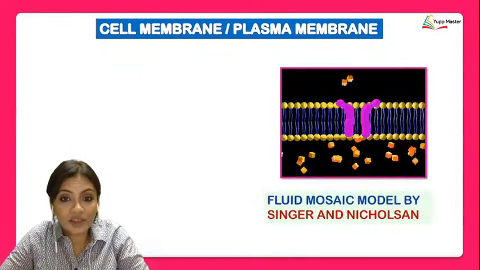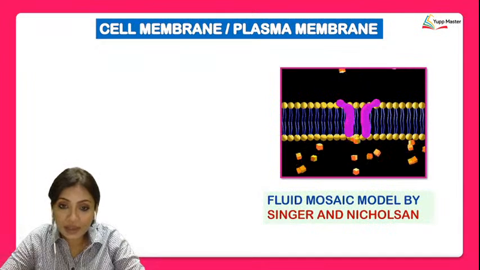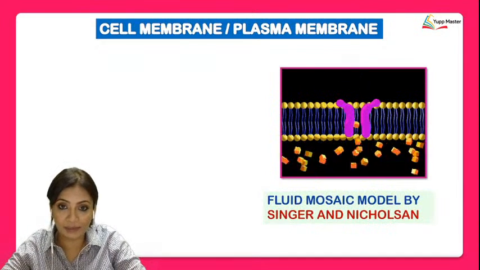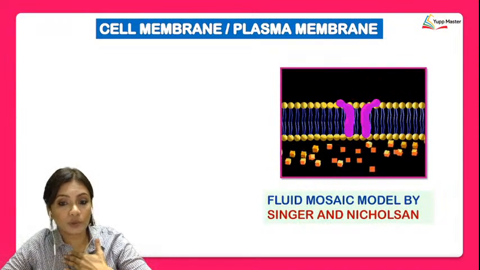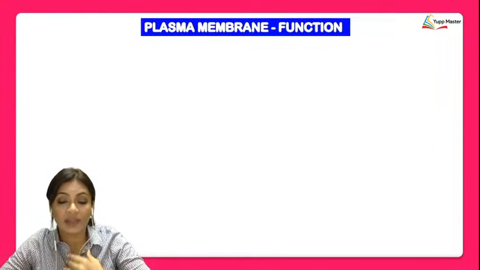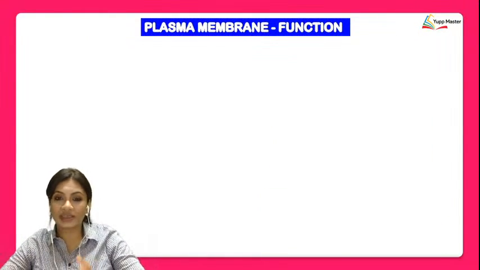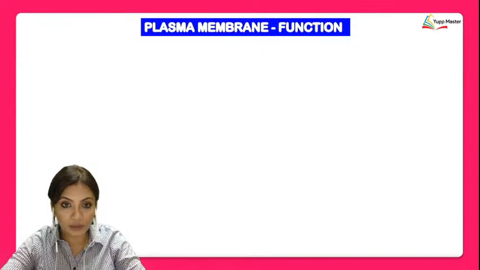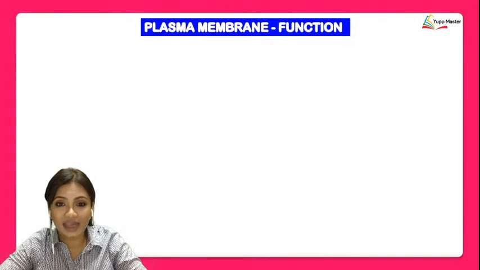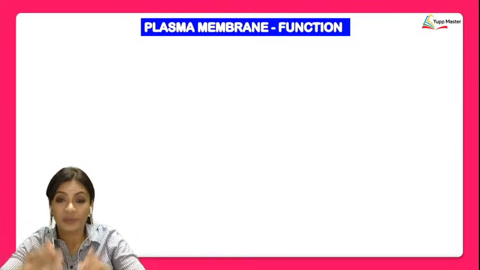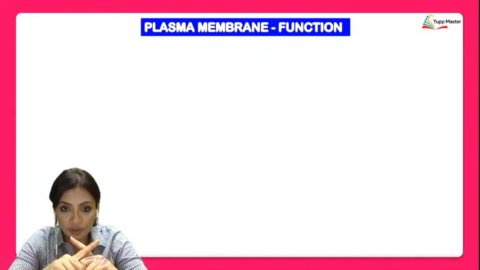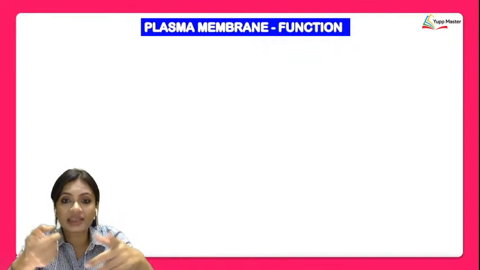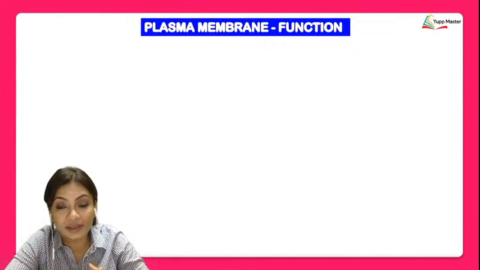Now, rather than the structure, more important would be the function of the cell membrane. So we see that this fluid mosaic model, which was proposed by Singer and Nicolson, has various functions. Just imagine, when I'm talking about the function of a cell membrane or a plasma membrane, I want to know what exactly this outer boundary is and how exactly it helps the cell.